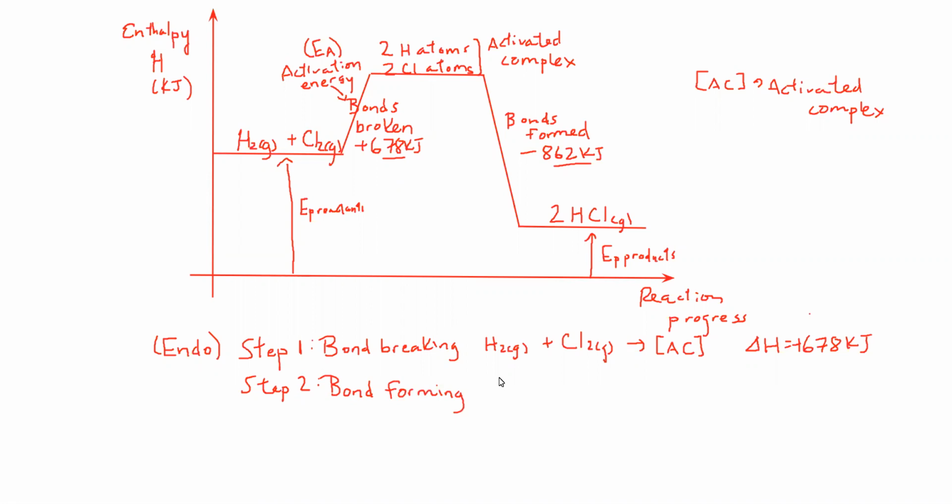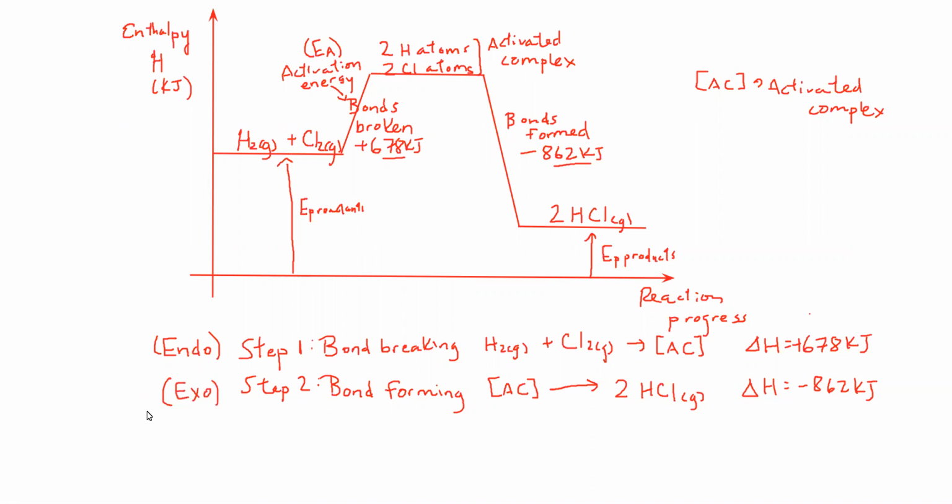And this step starts off with the activated complex being super unstable, leading itself to eventually combine and form the hydrochloric acid we were referring to. And this particular delta H, this step, releases negative 862 kilojoules of energy. And because you are releasing energy from the system, this step right here is considered exothermic.